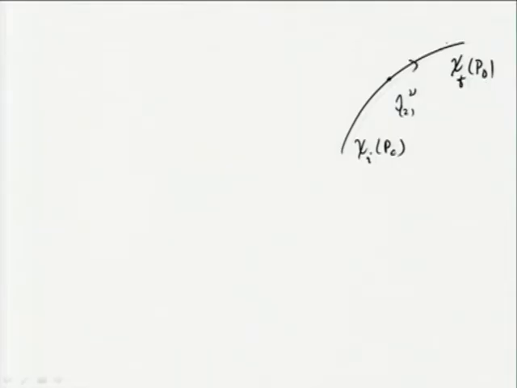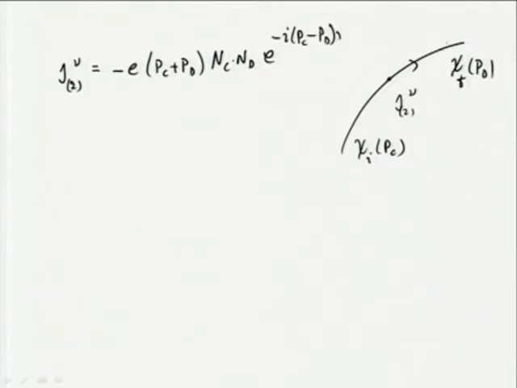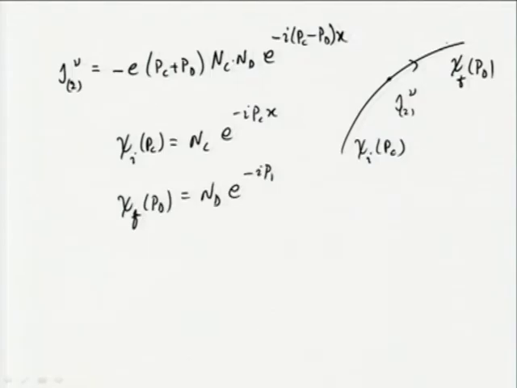In that case, J2 nu, in an exactly similar fashion as the J1 mu, can be written as minus e (p_c plus p_d) N_c N_d e to the power minus i (p_c minus p_d) x, where chi_i of p_c is equal to N_c e to the power minus i p_c x, and chi_f of p_d, the final state, is N_d e to the power minus i p_d x.